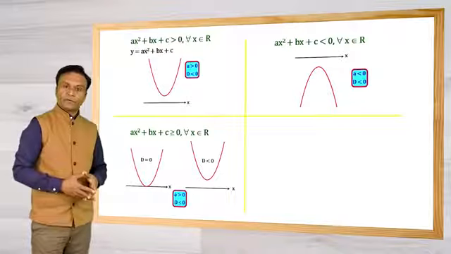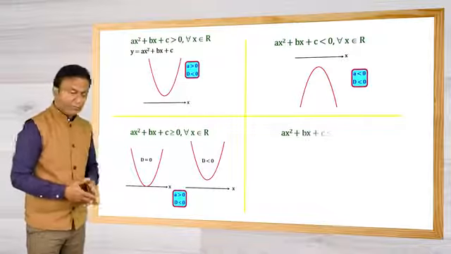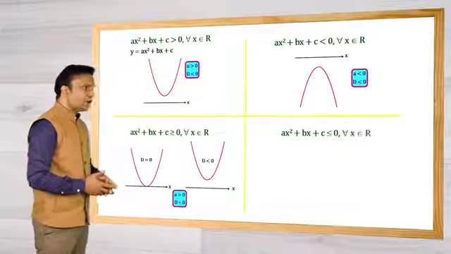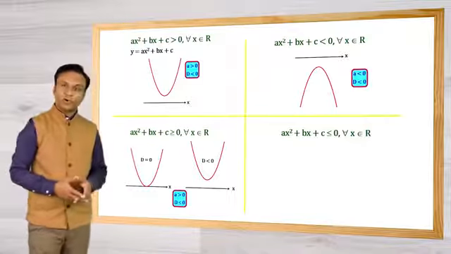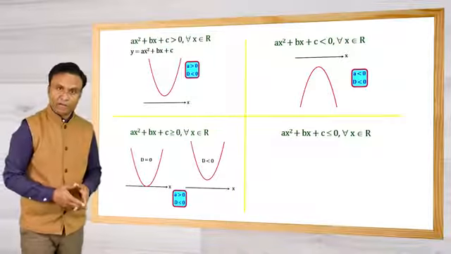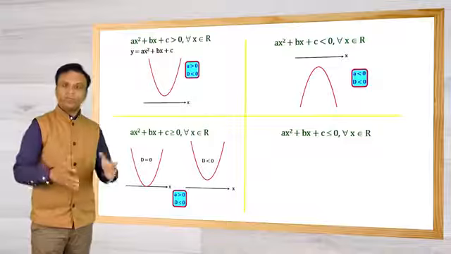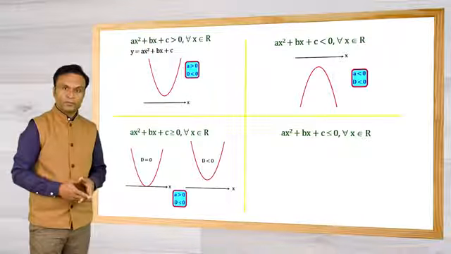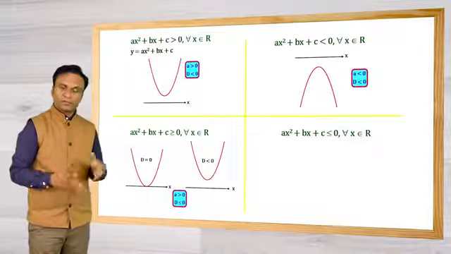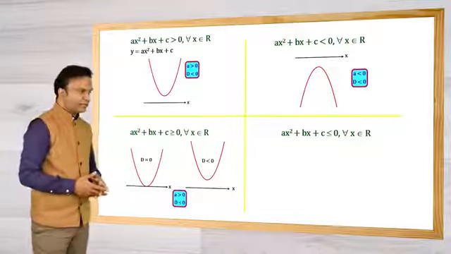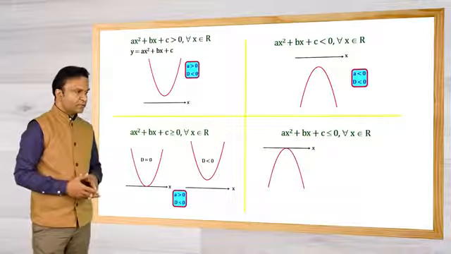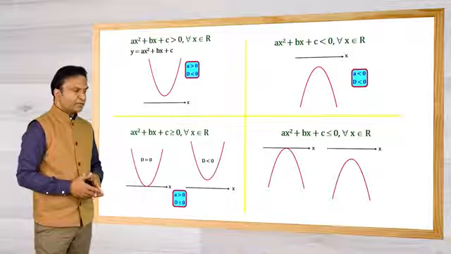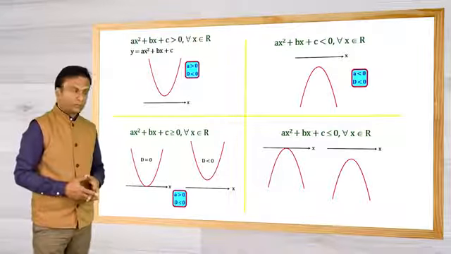Similarly, if ax square plus bx plus c is less than or equal to 0 for all x belongs to R, now you draw the possible graphs. This time you must be correct. We have these two possible graphs. The graph is concave downward.